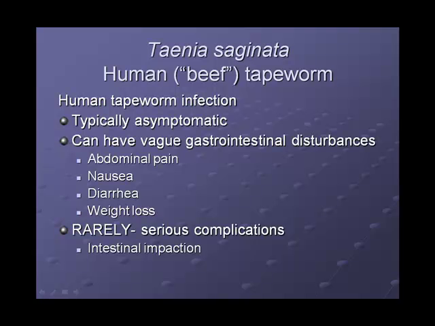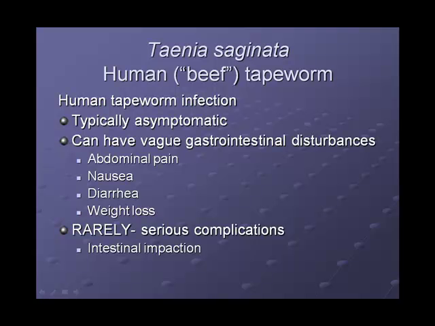Most folks are going to report that they don't notice any problems. Some folks will report vague gastrointestinal discomfort or disorders, maybe some abdominal pain or cramping and that sort of thing, nausea, diarrhea, and arguably weight loss. Again, it basically absorbs nutrients passively, so it's not something that's going to cause anemia or cause loss of nutrients by actively pulling them out of your body, but arguably it's competing for nutrients with the human host, so you could potentially see some weight loss.